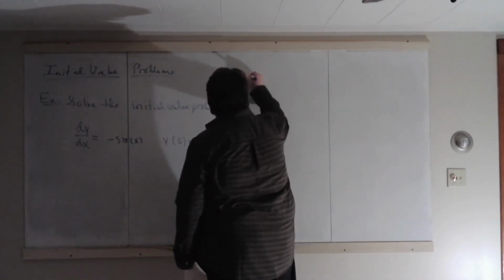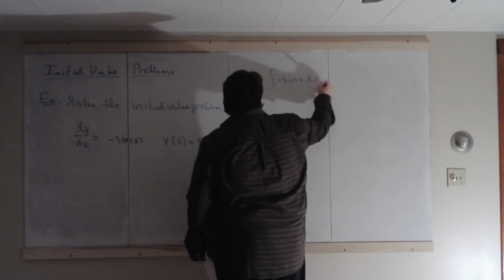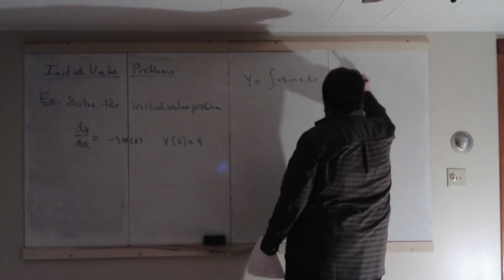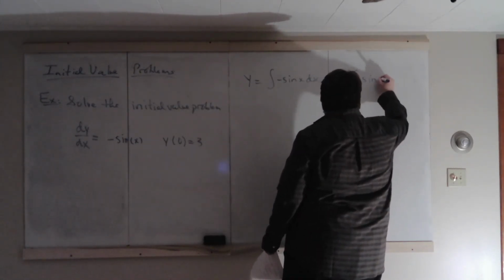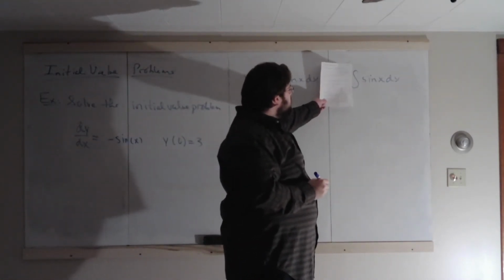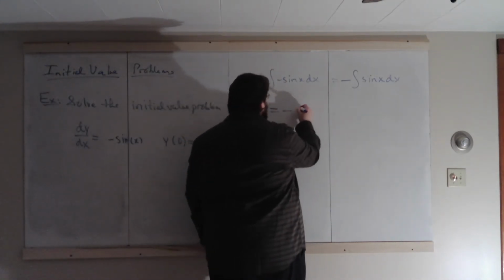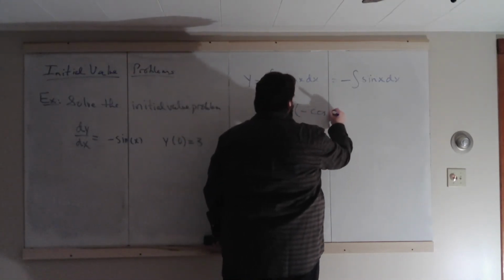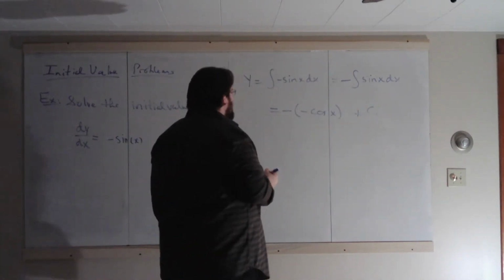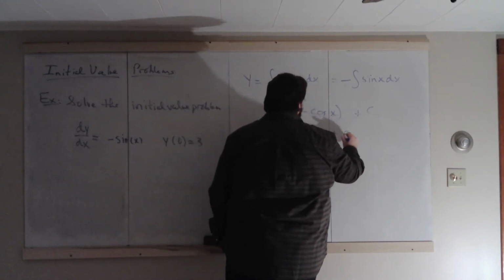So y equals the integral of negative sine of x. Let's do this in a couple steps. This negative comes out front, and then we have the integral of sine of x. Rule 2 tells us the integral of sine of x is negative cosine of x plus c. And then these two negatives cancel out to make it just cosine of x plus c.